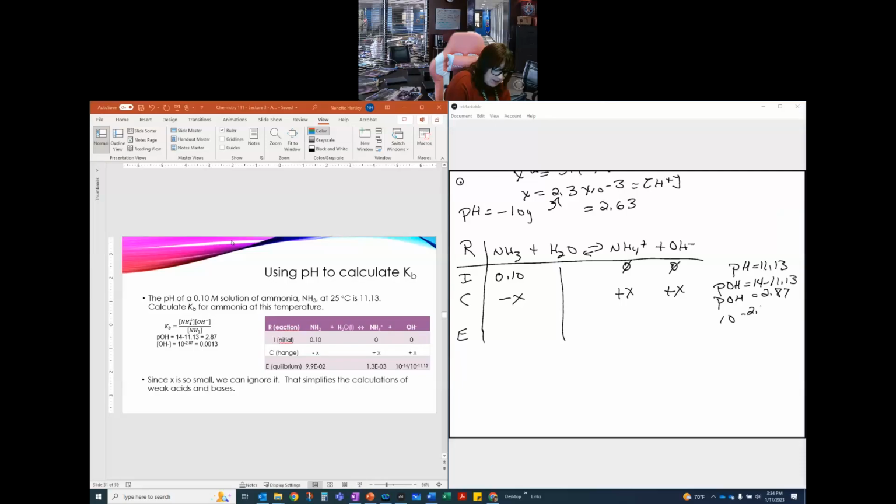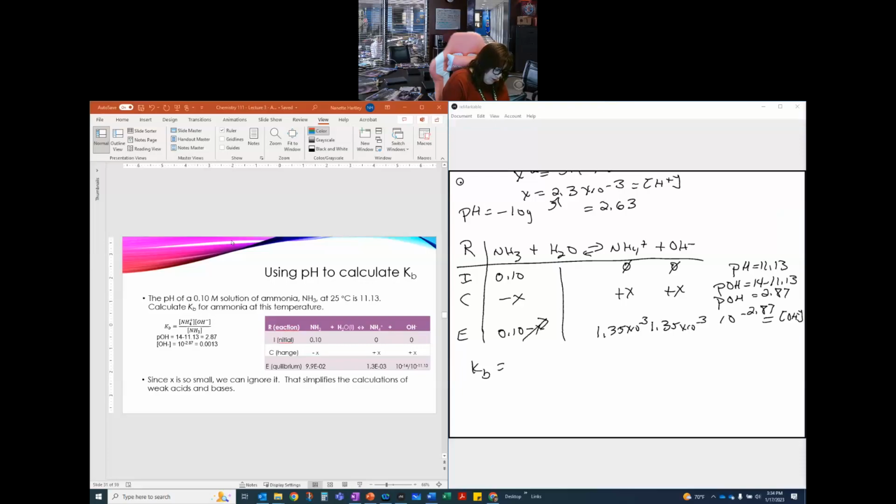10 to the negative 2.87 is equal to the OH minus concentration. Which gives me an OH minus of 1.35 times 10 to the minus third, which is also the NH4 plus. We assume that this is minus x and that is 0.